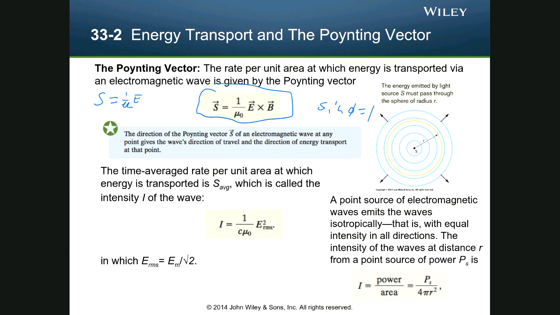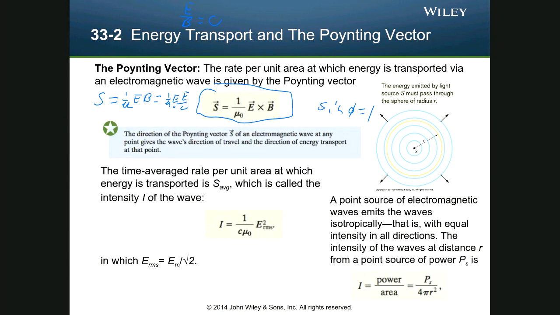But I want you to notice that instead of writing B, and remember what I told you, B is hard to measure. Since we know that E over B equals the speed of light, we can rewrite this as B is equal to E over C. All right?